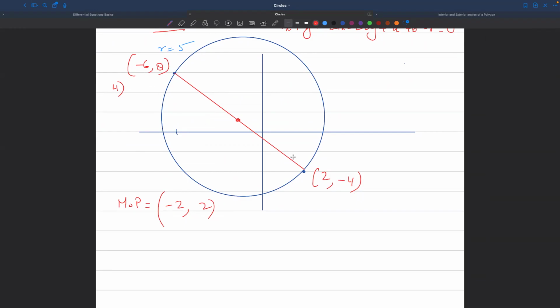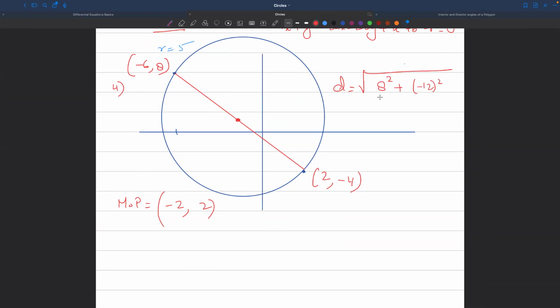To find the radius, yes, I can now find the distance. Use the distance formula, okay? And then divide by 2. So the radius will be what? First, let's find the length of the diameter. Beta, what are you waiting for? Don't write now, beta. So the diameter will be x2 minus x1. 2 minus minus 6 will become 8 squared, plus minus 4 minus 8 is minus 12 squared.